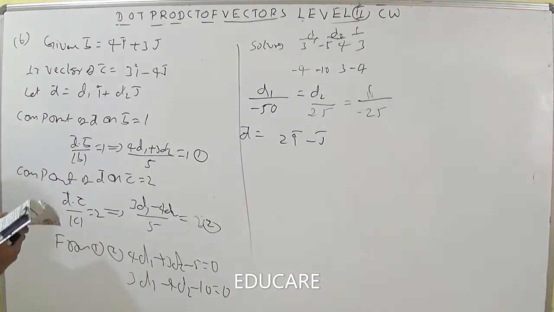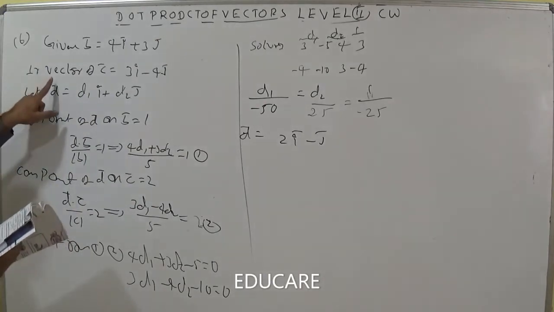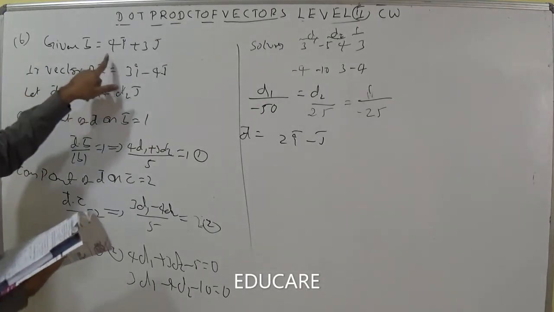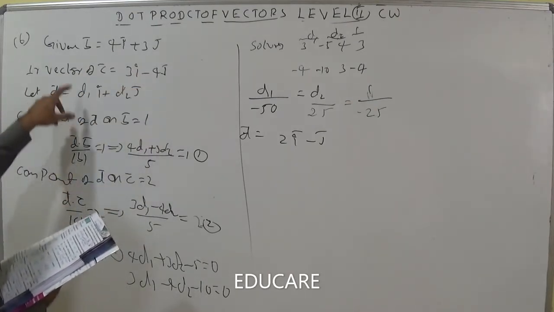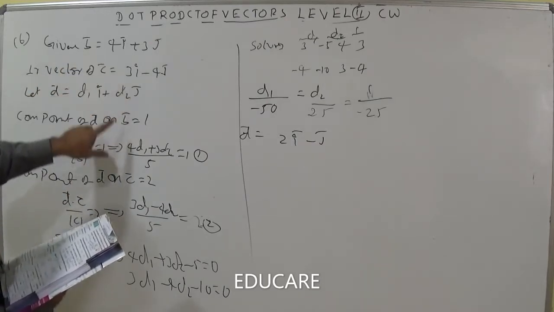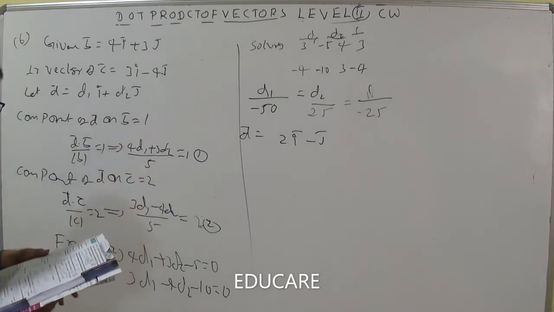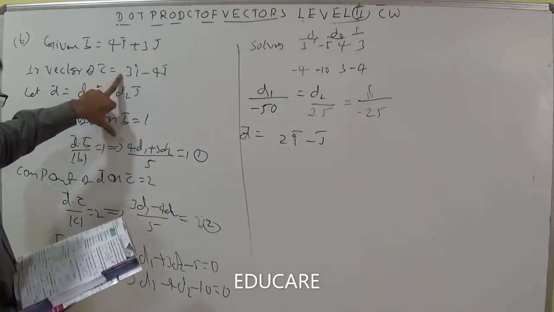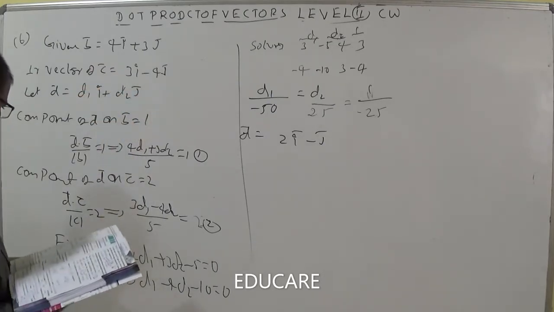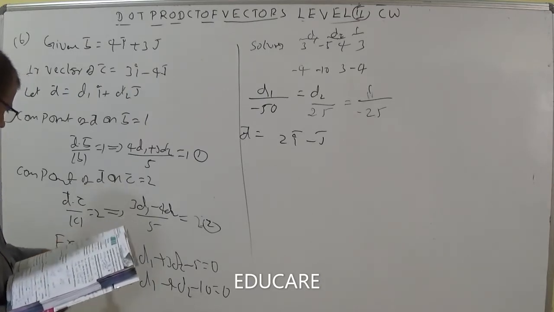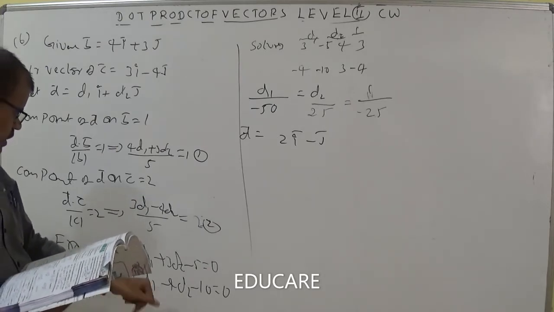B equal to 4i plus 3j, the vector given. The vector perpendicular to each other in the xy plane is vector C bar. I thought this one as 3i minus 4j, we can think, no problem. The component of D bar on B bar is 1: 4D1 plus 3D2 by 5, mod B, is equal to 1. And 3D1 minus 4D2 by 5 is equal to 2, it's also okay, the component 2 is given. 4D1 plus 3D2 minus 5 and 3D1 minus 4D2 minus 10 equal to 0.